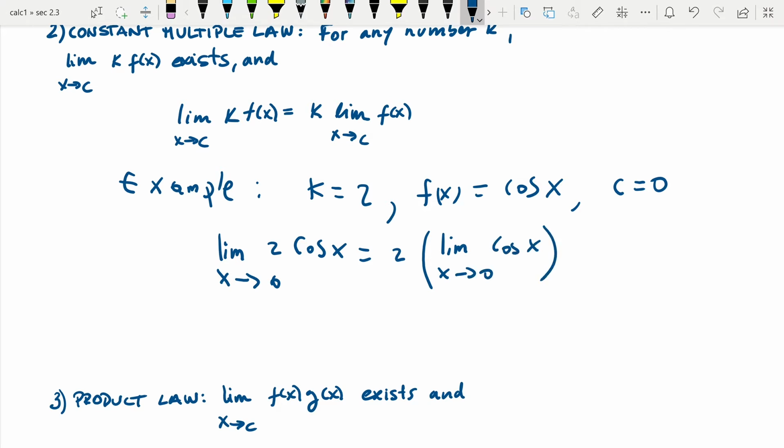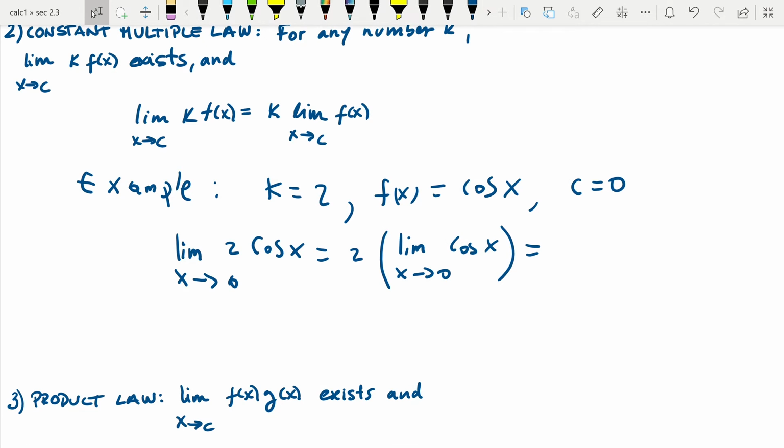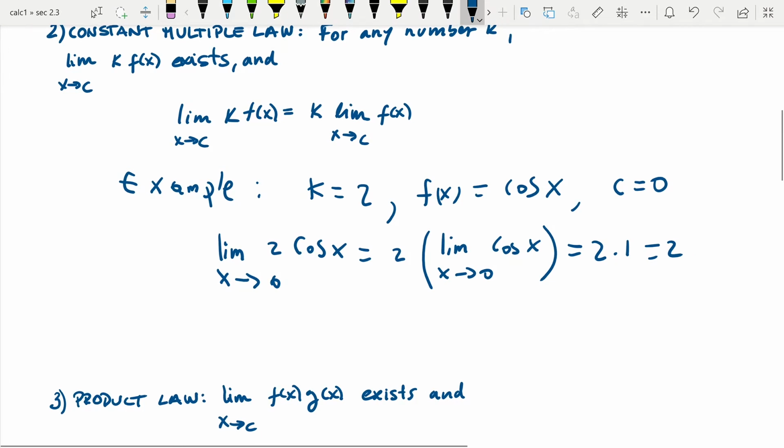But as x approaches 0, as we know from earlier courses, pre-calc, or even just algebra and trigonometry, cosine approaches 1. As x approaches 0, cosine of 0 is 1. So we get 2 times 1, which is just 2. And that's the limit, which we were able to compute using the limit law for the constant multiple.